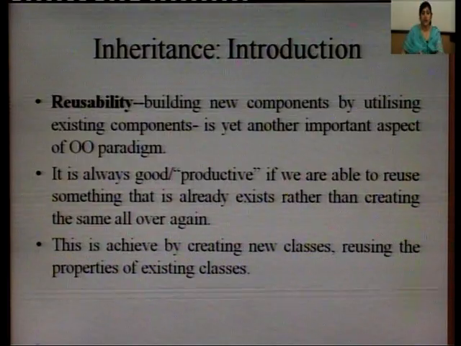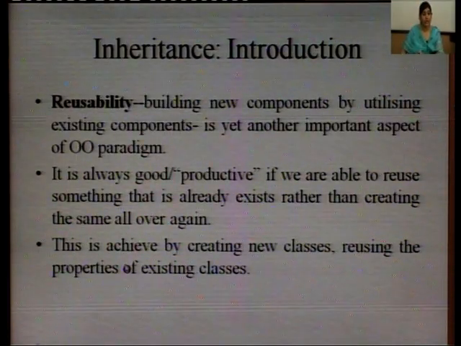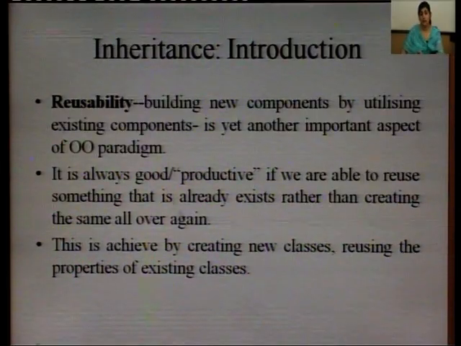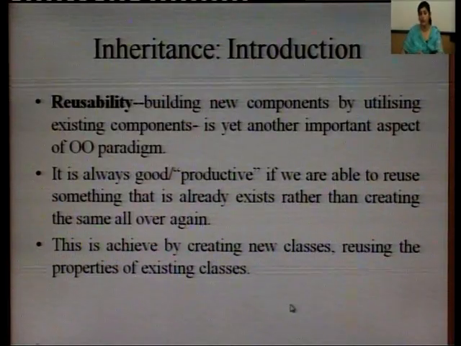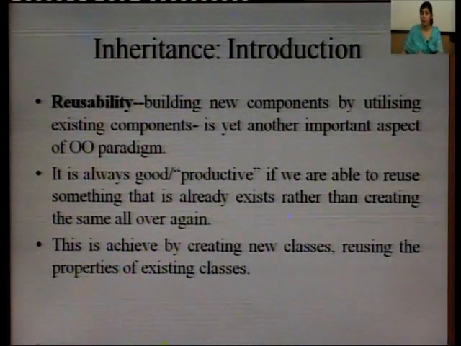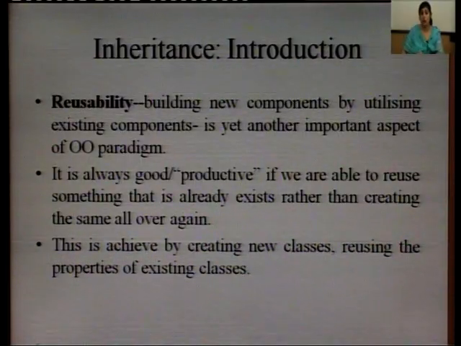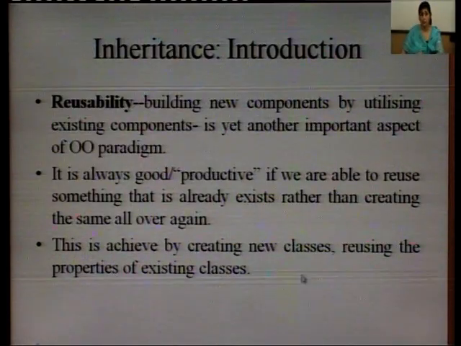Okay, this is achieved by creating new classes, that is reusing the properties of the existing classes. This inheritance concept increase the use of reusability in your program, means that already declared functions, already declared data can be used in the derived classes from that base classes. So this reusability concept is included in the object oriented programming language with the help of inheritance only.